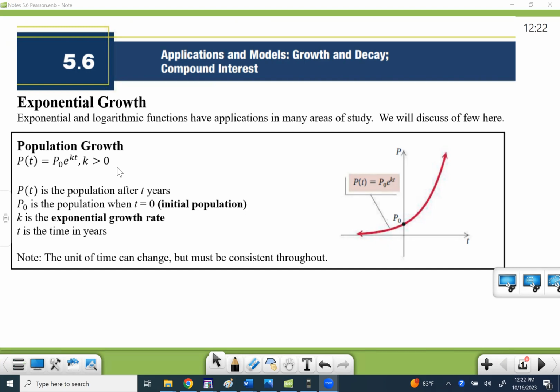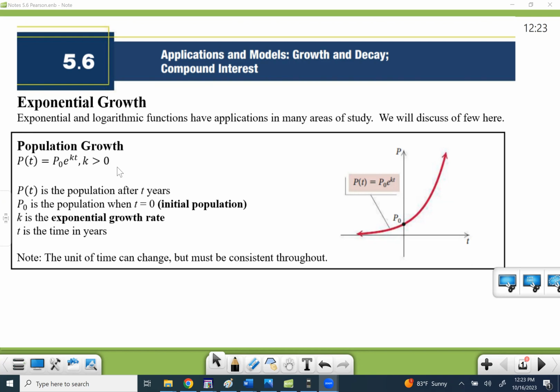We have population growth. We have half-life of, maybe if you're a nurse or a doctor, certain medications in the bloodstream, half-life of radioactive elements. We have finance. So in the equation PERT, which we're going to see for continuously compounded interest, we have exponential growth there.